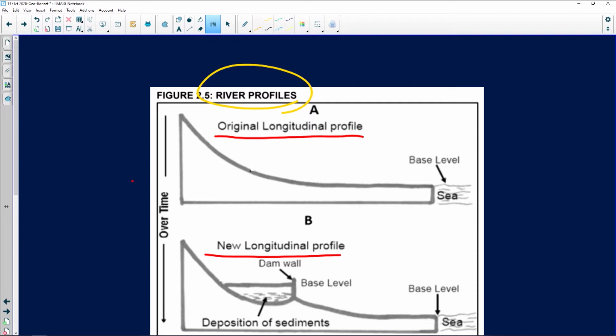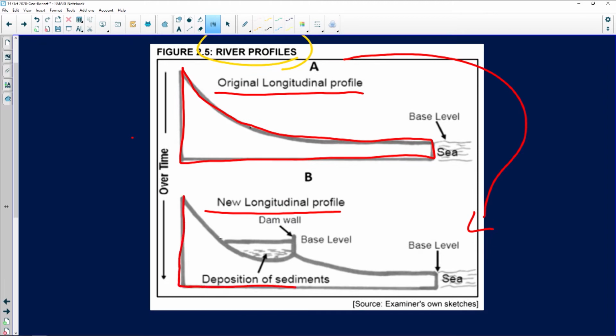So what they're basically telling me, A is turning into B. And if we look at this profile, it has changed from a smooth concave slope to an uneven river profile, as you can see. A is beautifully concave in shape, and A has turned into B, and it's uneven. It's not beautifully shaped like A.